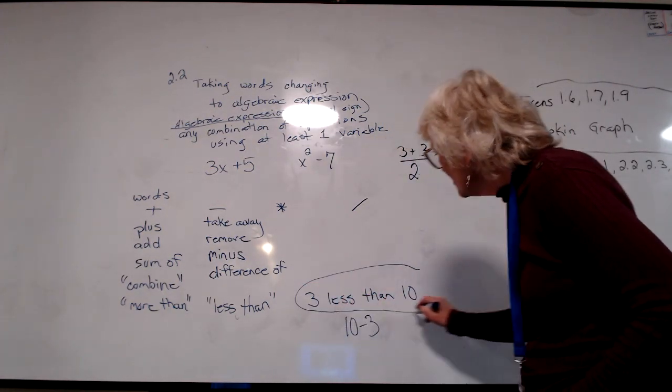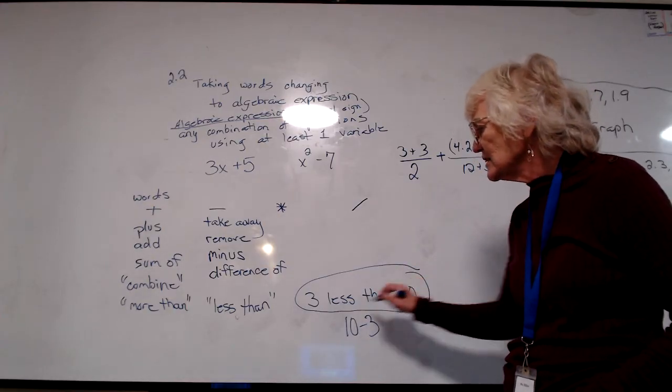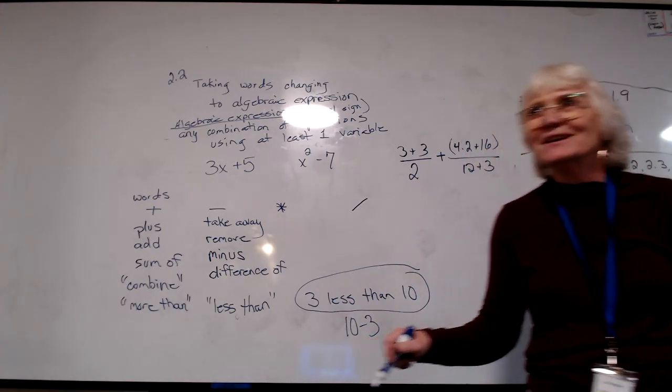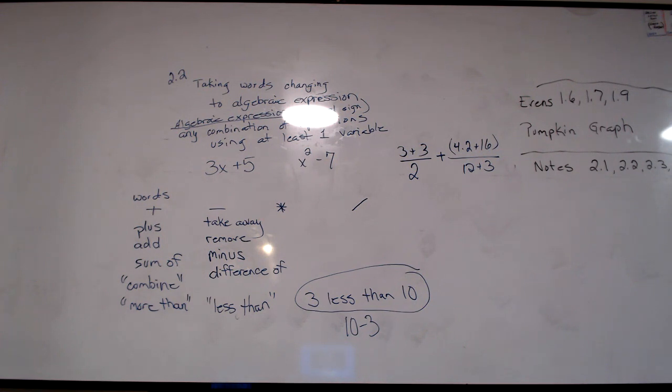This gets to be kind of tricky for people because we actually switch the order of the numbers. People like to just say, oh, I see less than, I'll put a subtraction sign and we'll do 3 minus 10. No, less than actually switches it when we're talking about subtraction.